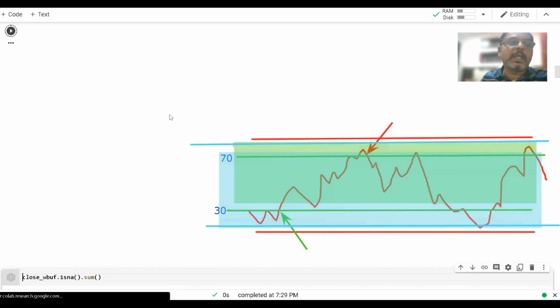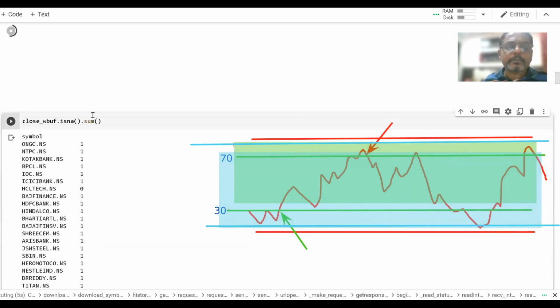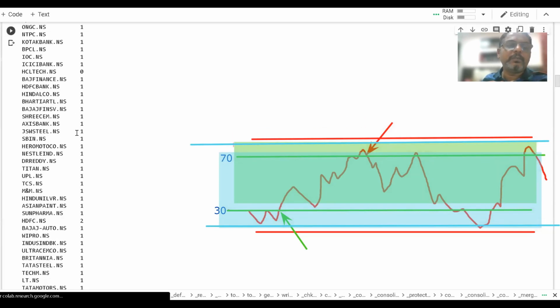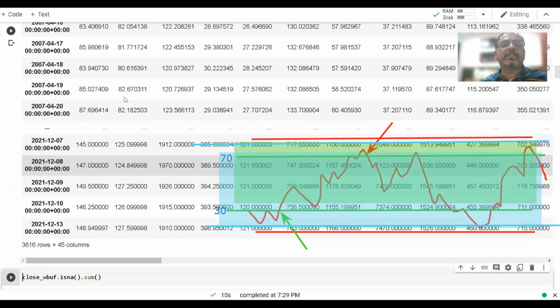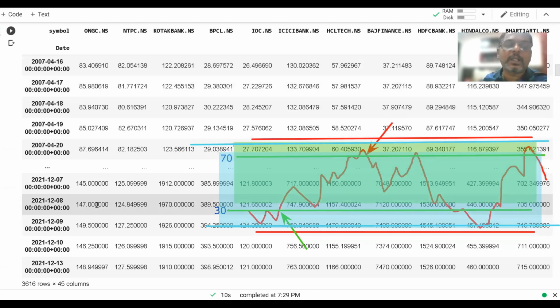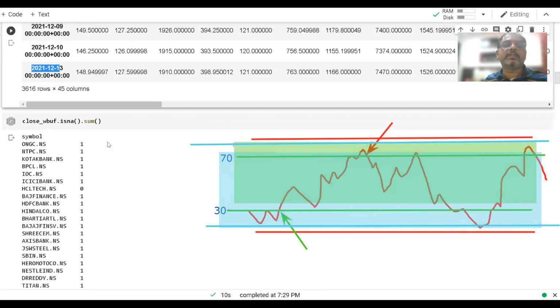So let's download all the symbols. Symbol downloading will take a little while based on your internet connection. Let it run. We will just continue. Then we will see if it has got all the data. So these are close prices. ONGC one column, NTPC next column, Kotak Bank next column, and so on and so forth, all the way from 2007 until 13/12/2021, which is when I'm doing this recording.